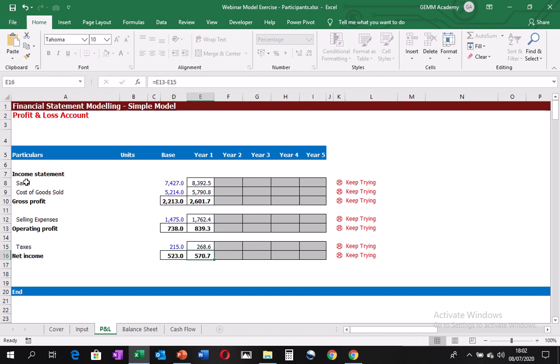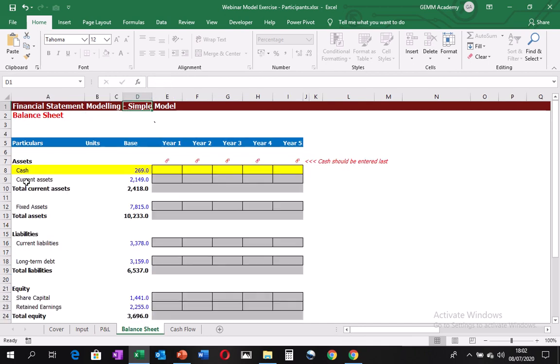So let's move to the balance sheet side to also carry out the forecast for year one. The first item we have under the balance sheet is cash. Now the principle here is that cash is always forecast last.